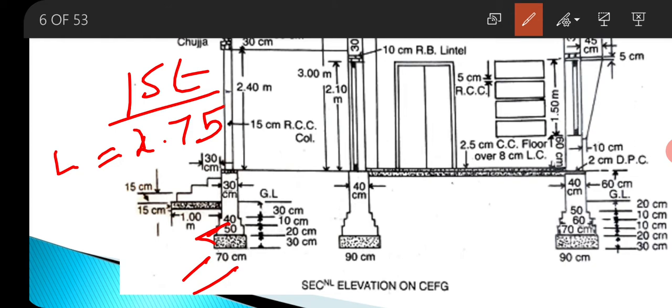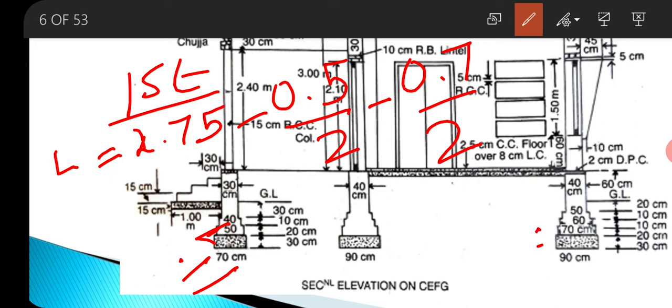So from 2.75 we will subtract half of the width of the first footing of the veranda from one side, because on one side there is a veranda wall, and subtract half of the width of the first footing of the main wall, because at the level of first footing of veranda there is first footing of main wall.